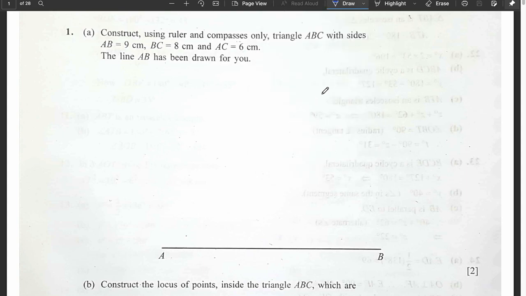Okay, in the exam you will basically have a merger of locus and construction both in these questions. AB is 9 centimeters, which is already given. BC is 8 centimeters. Now BC, if it is 8 centimeters, I'll open my compass to 8 centimeters, place the needle at B and draw the arc of 8 centimeters on your page.